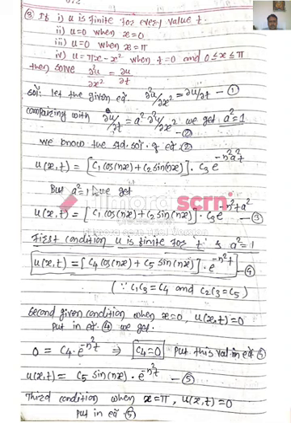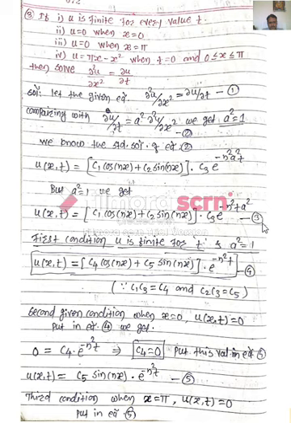So we know that a² is equal to 1, then u(x,t) is equal to (c1 cos nx plus c2 sin nx) into c3 e raised to minus n², putting the value of a² as 1, so only t remains.